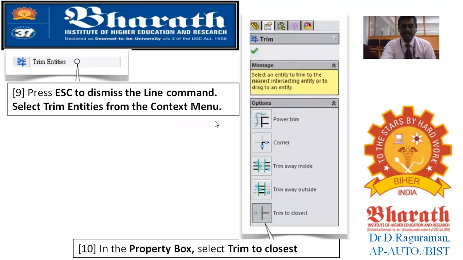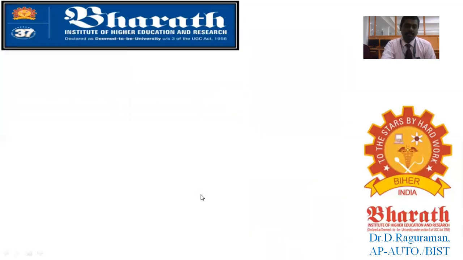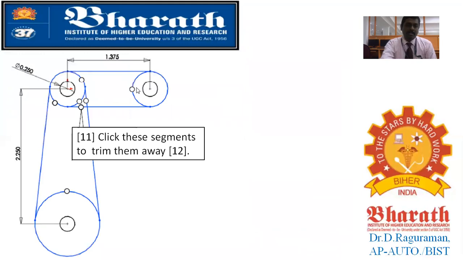Once you select trim entities, you get a trim dialog box. On the trim dialog box, in the property box, you select trim to process. Now you can see that, you will be selecting the trimming points, because this is the whole existing, but this is going to be removed.